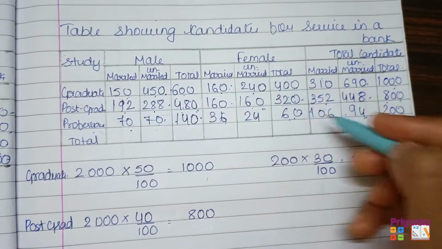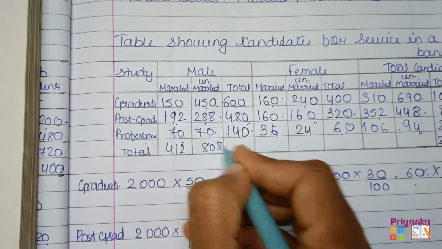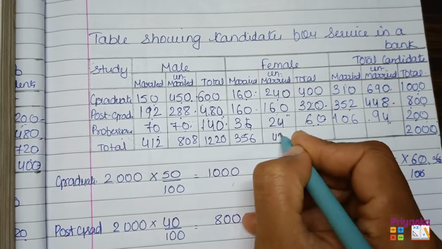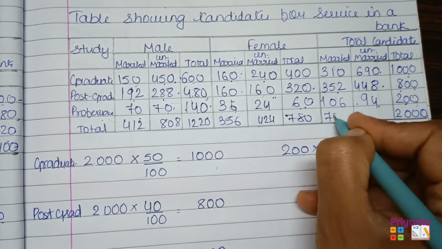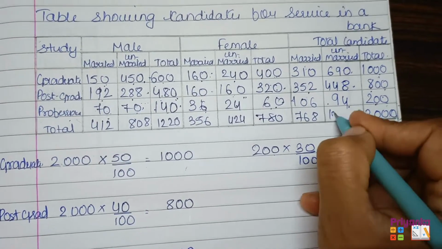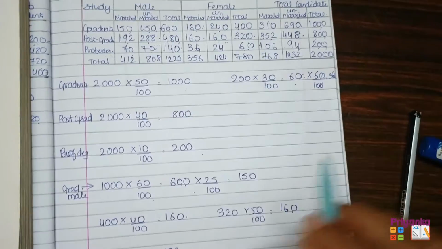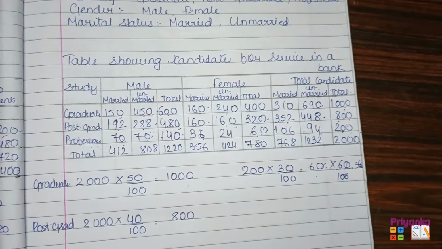At the end, just bring out the total of each column. The calculation which I showed you here can be done directly in your calculator. At the end, this is the answer.